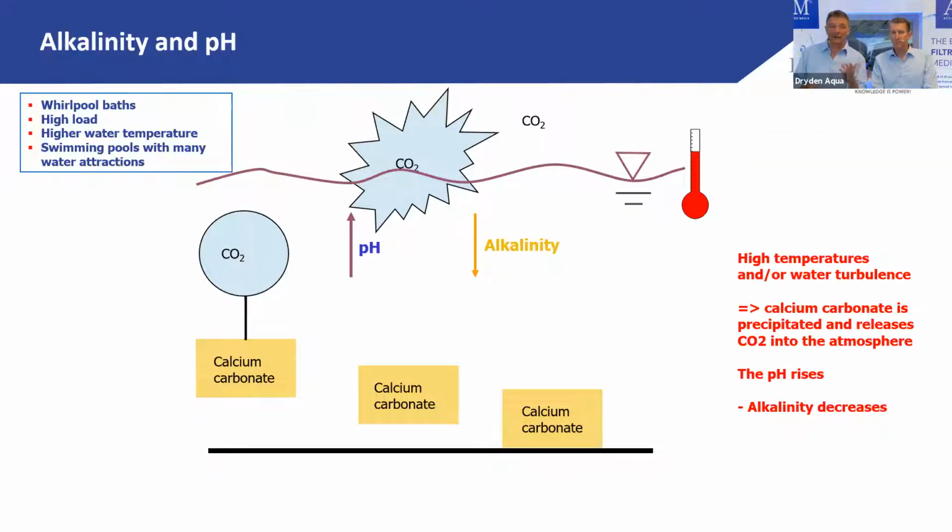Alkalinity, Philip showed it before, it's HCO3, and you see here we lose CO2, so if we lose carbon dioxide to the atmosphere, our alkalinity drops. So if we increase the temperature, and if we move the water, we release carbon dioxide to the atmosphere. pH goes up, alkalinity drops.